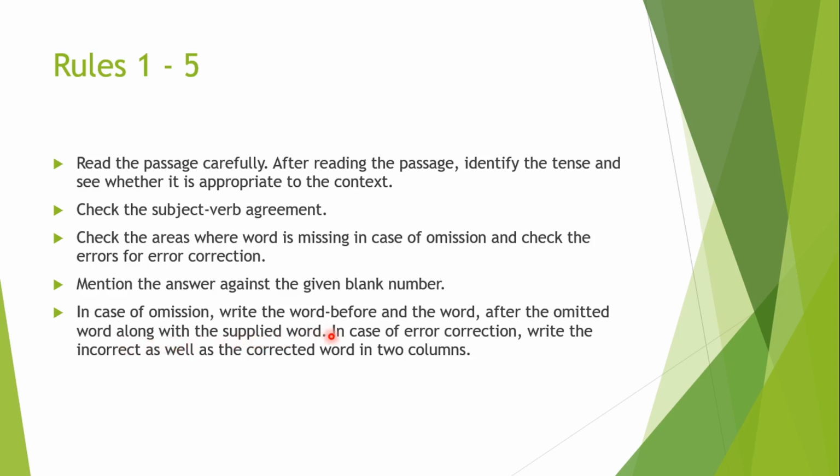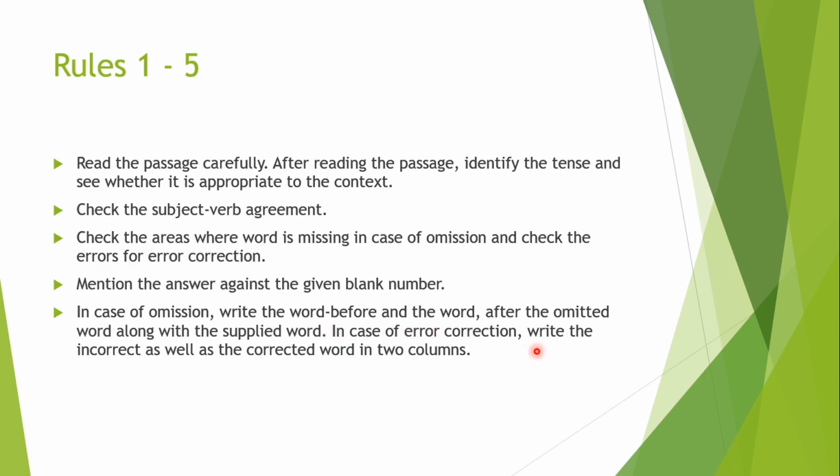Means omission वाले में आपको ऐसा लगता है कि ये पैराग्राफ में इस लाइन में ये वर्ड मिसिंग है, तो उसके पहले जो वर्ड आया है वो और उसके बाद में जो वर्ड आएगा वो भी लिखना है, और बीच में जो मिसिंग वर्ड है, that means in one line you have to write the 3 words and each and every word has a mark.